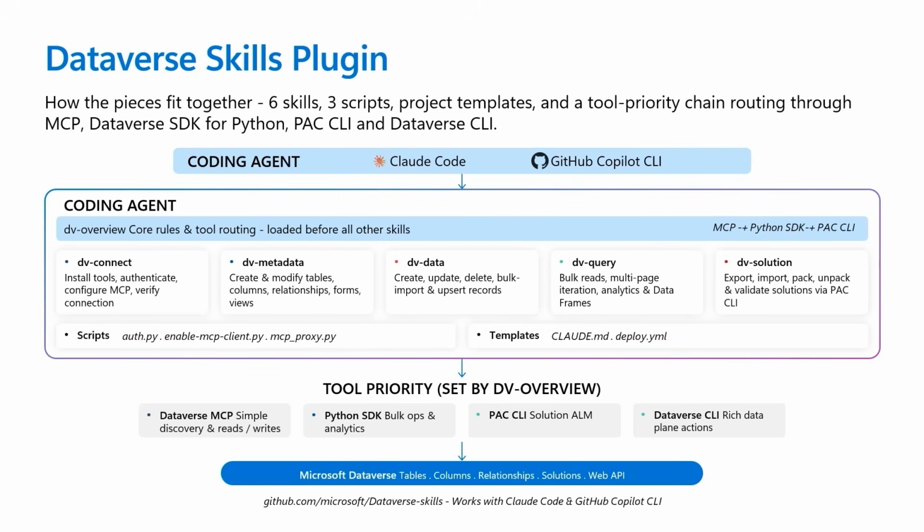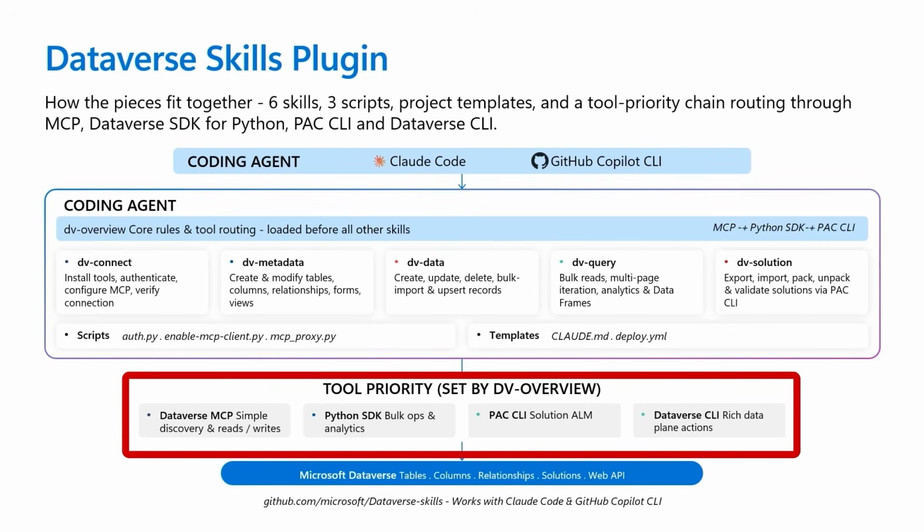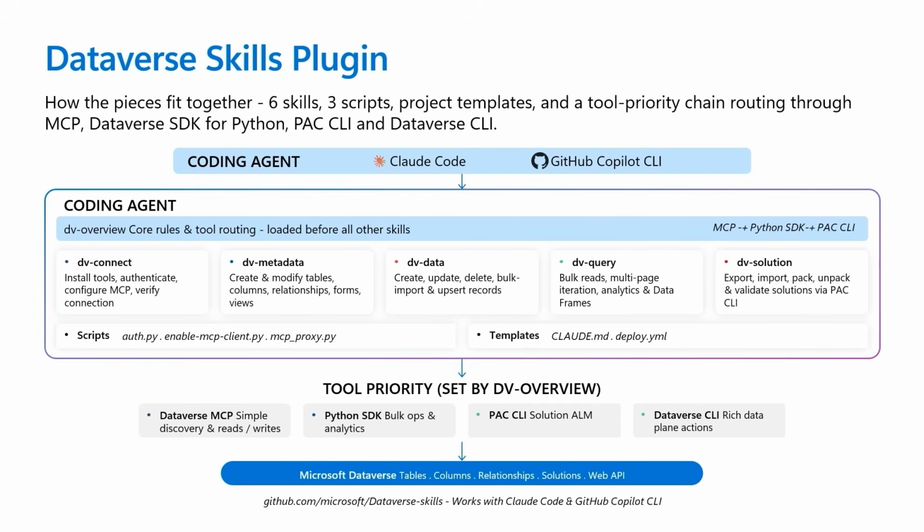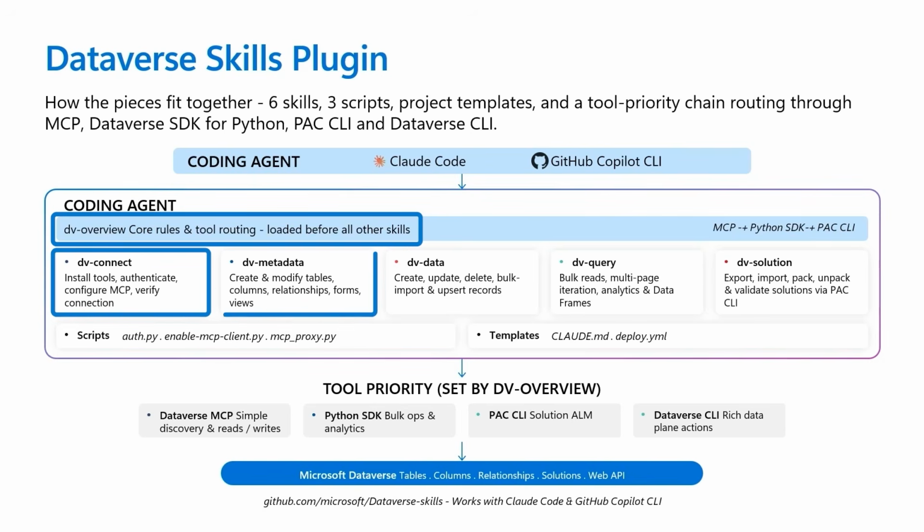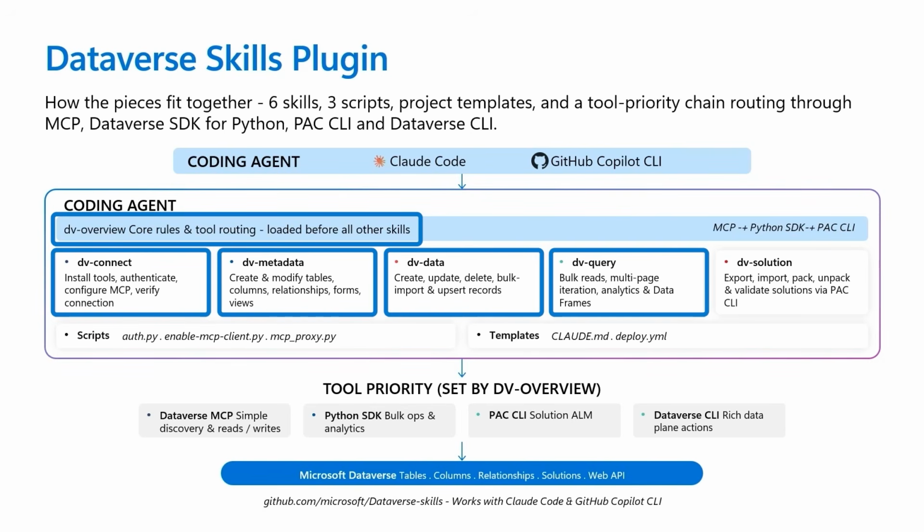Here's the full picture. The Dataverse plugin works on top of 4 foundational tools: the Dataverse CLI, Python SDK, Dataverse MCP Server, and PackCLI. The plugin ships 6 skills on top of these tools: overview for routing, connect for setup, metadata for schema, data for writes, query for reads, and solution for lifecycle management.